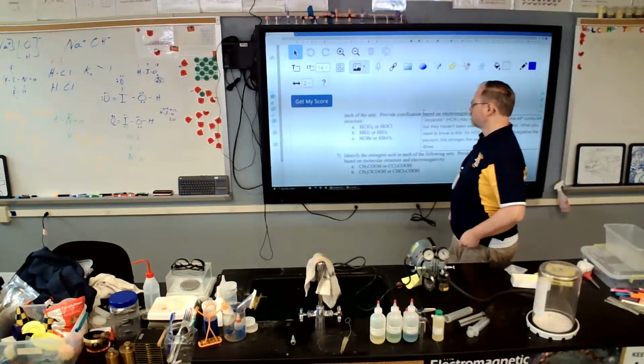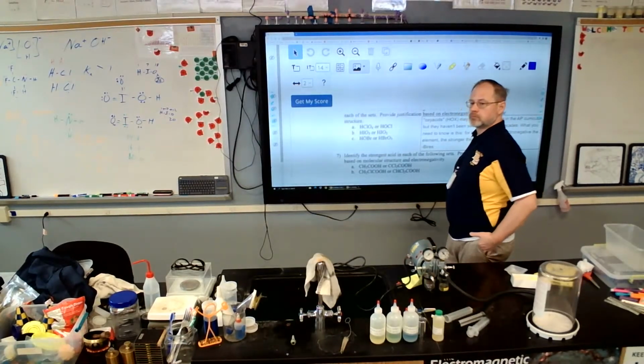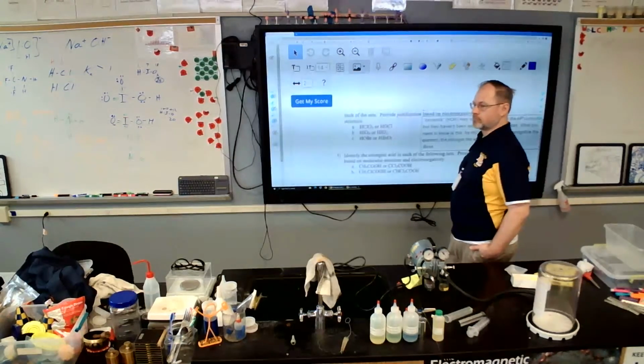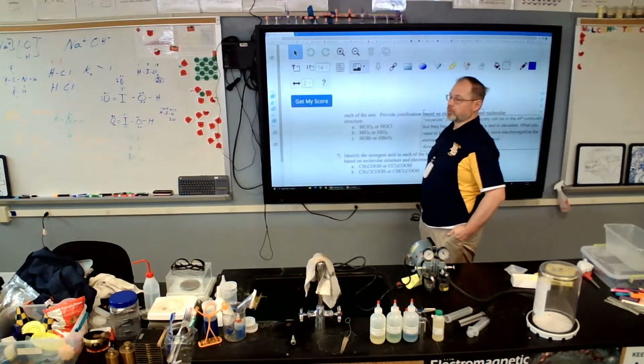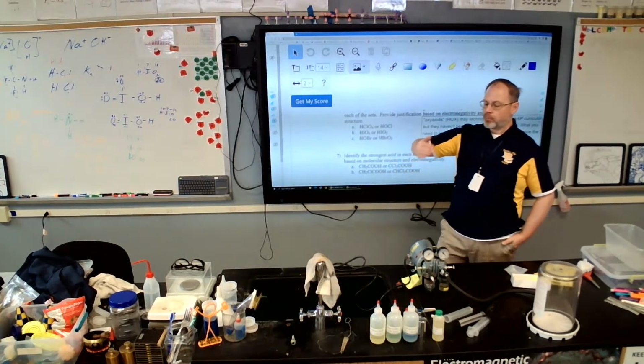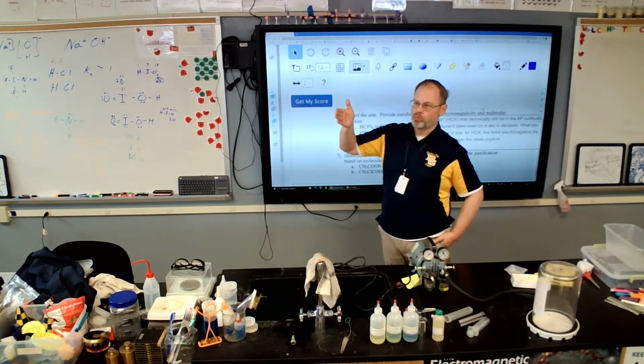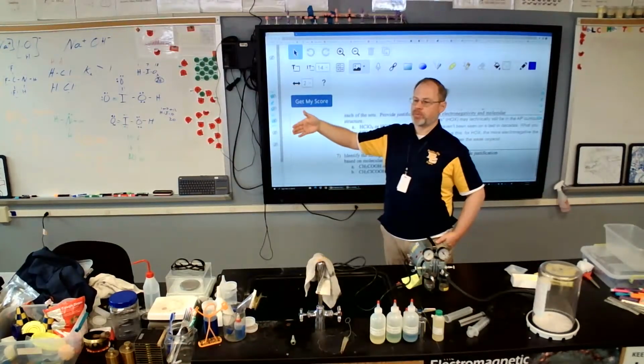If we're testing which one is more basic, it would be the one with less added on stuff, because that takes away from an unshared pair. A more robust weak acid will have a more feeble conjugate base.